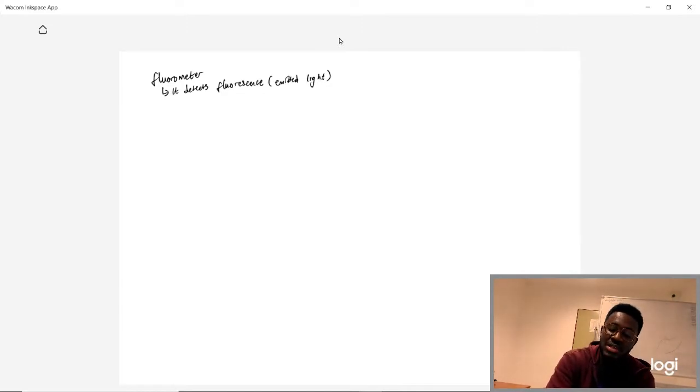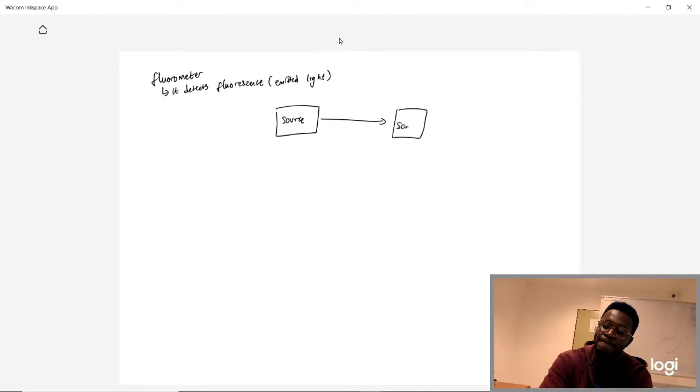So you're looking for the emitted light, so you don't want the transmitted light. You have your source, and the light goes in this direction, passes through your sample, and continues in this direction. This is your transmitted light, and you don't want it. You have your monochromator.